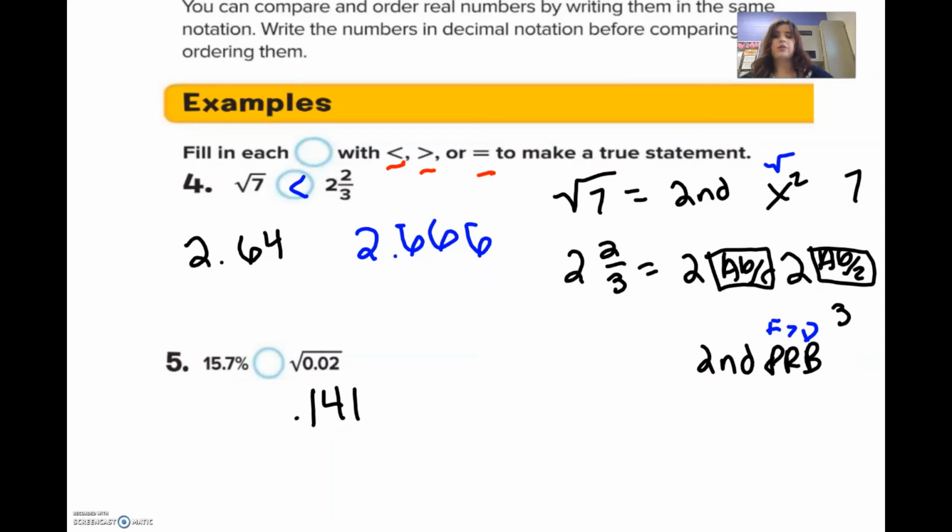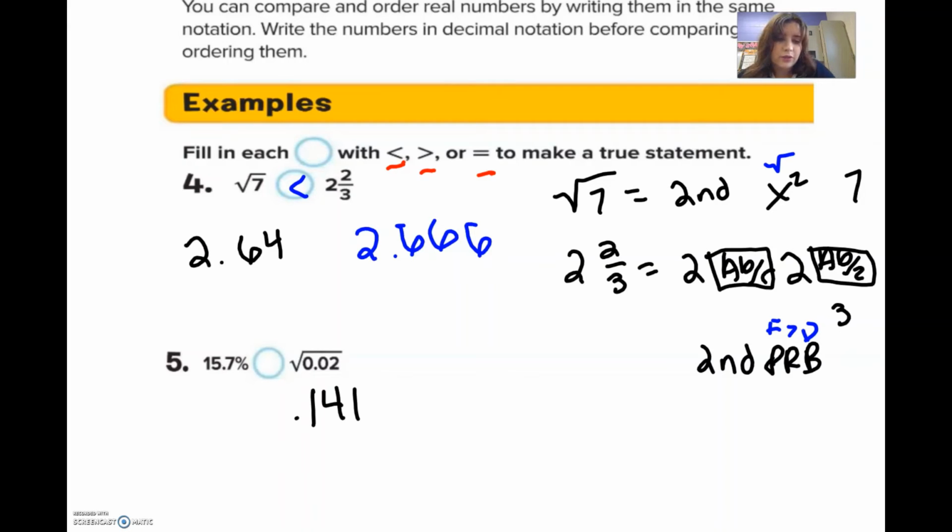So now we're going to go to 15.7%. So how we do this is you're going to type in your calculator 15.7 and then percent. So that gives us 0.157.